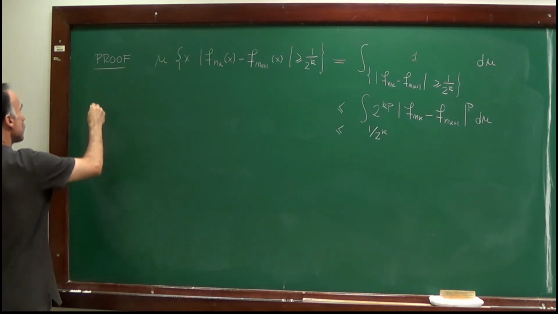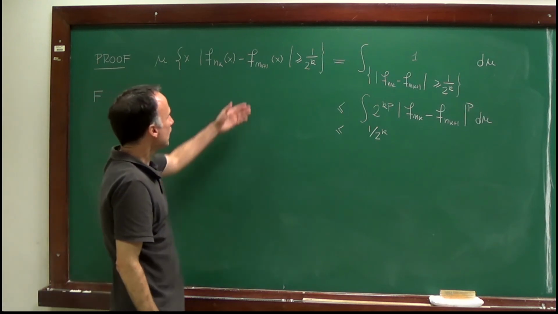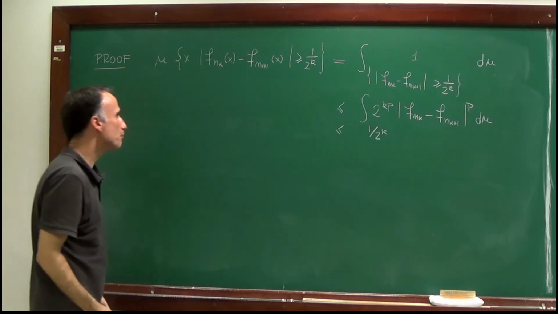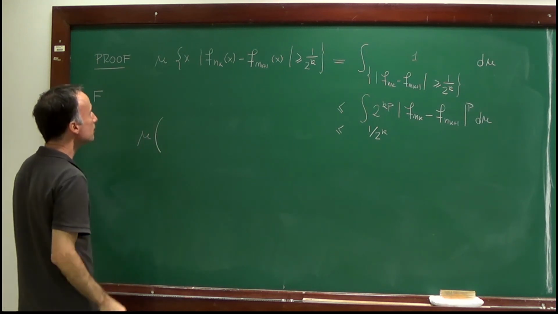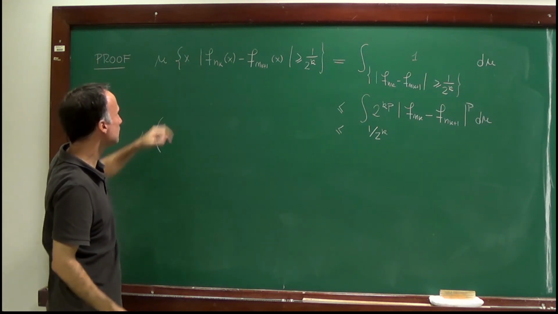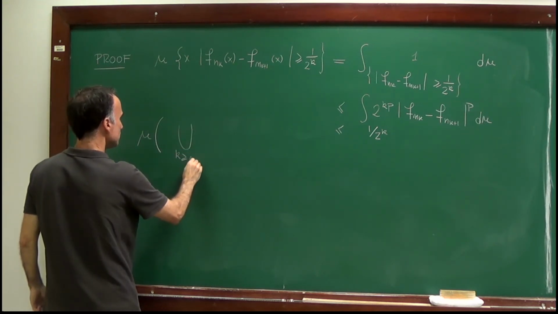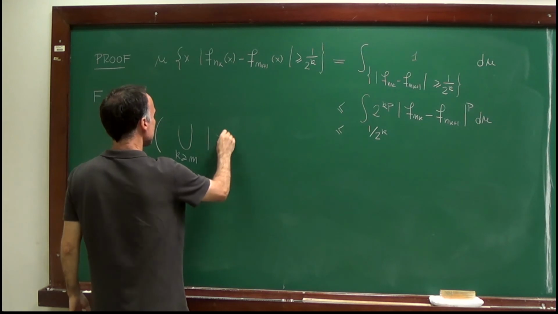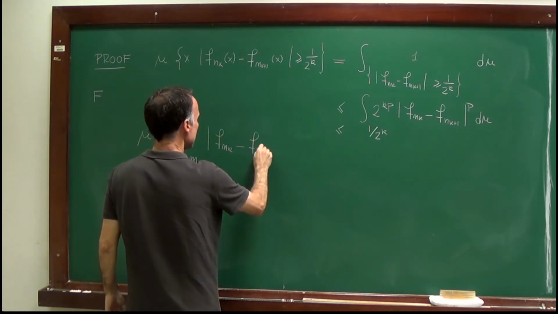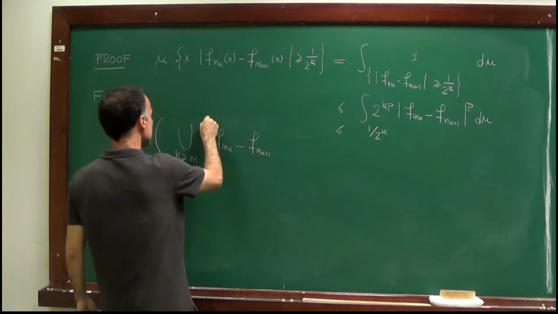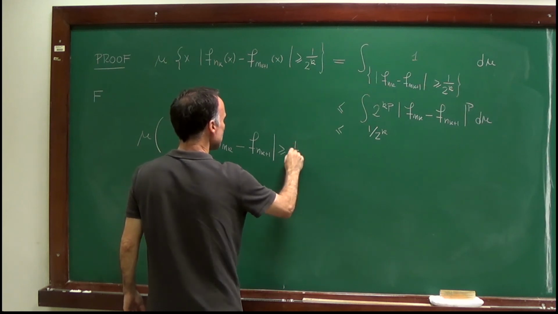So remember, our goal is to construct a set F. Now at this point we will use a very canonical estimate. I will take the union over all k larger than m of these sets, f_{n_k} minus f_{n_{k+1}} larger than 1 over 2^k.